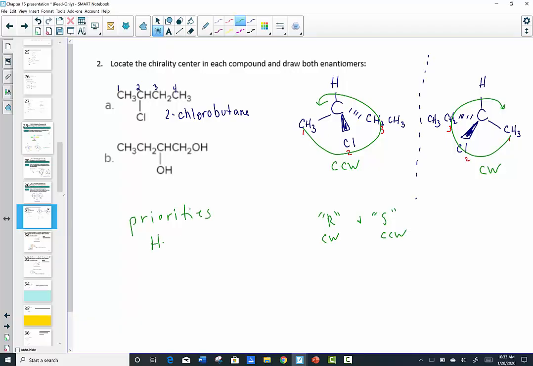The highest priority gets a number 1, which is the largest atomic number. The lowest priority gets the number 4, and it's the smallest atomic number.